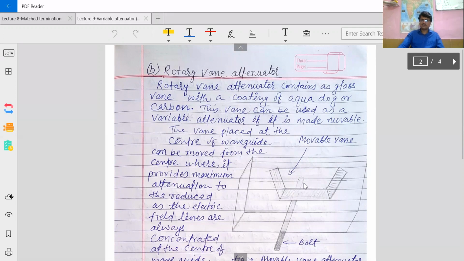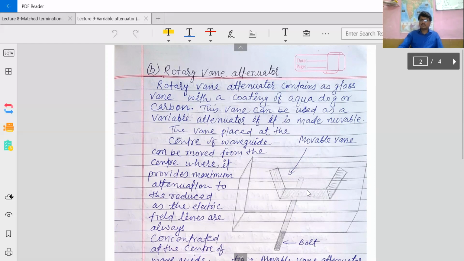So this is the vane, a movable vane, and this vane is made up of glass, and there is a coating of aquadag or carbon. This vane can be used as a variable attenuator if it is made movable. If it moves, then variable attenuation may be achieved.